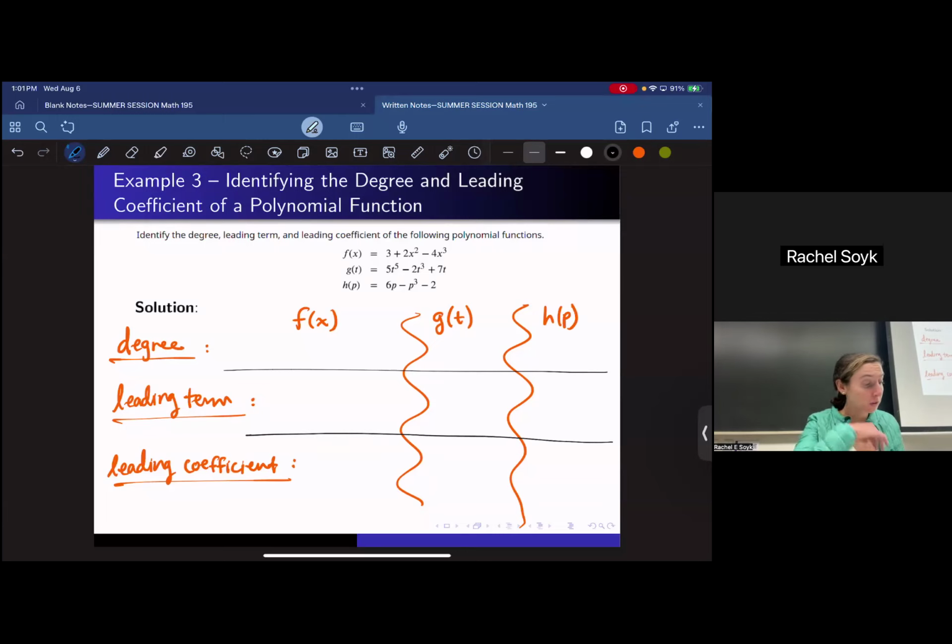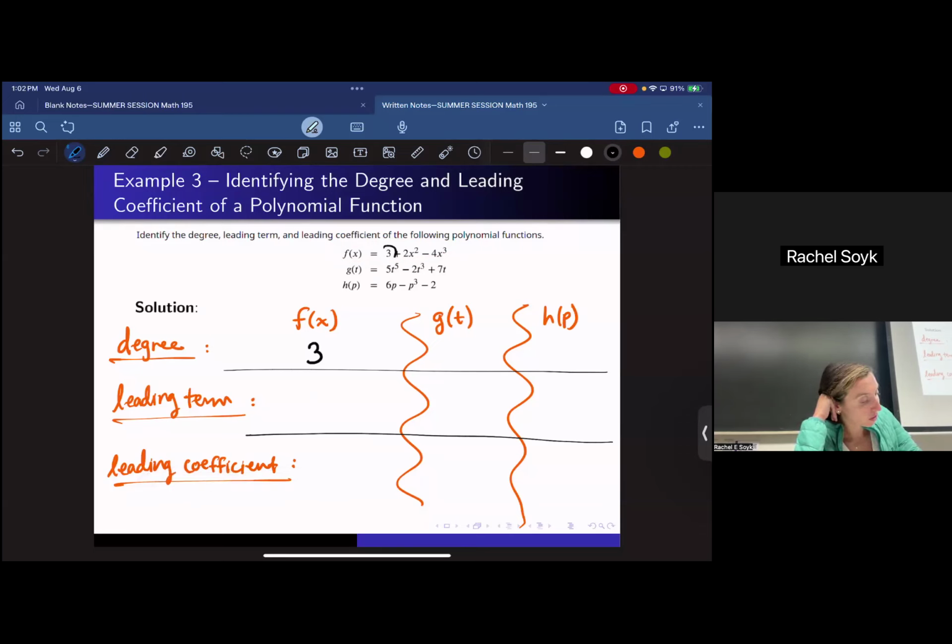So degree of f of x is what? What's our highest degree? 3. What's our leading term? Terms are, remember, separated by the plus or minus signs.